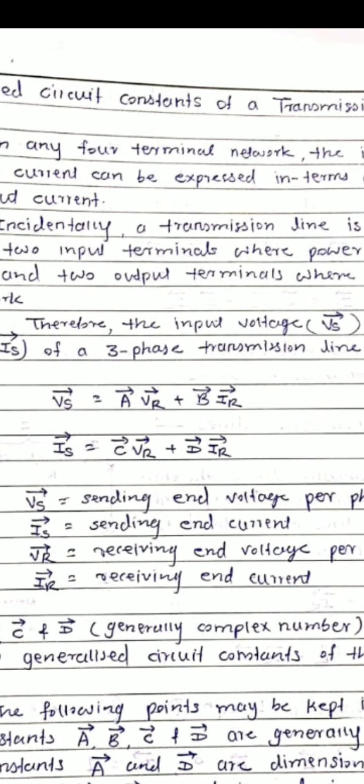Our transmission line is also a four terminal network, with two input terminals where power enters the network and two output terminals where power leaves the network.